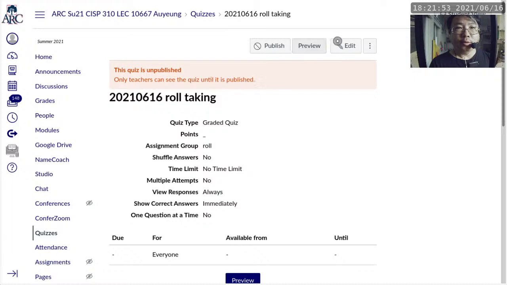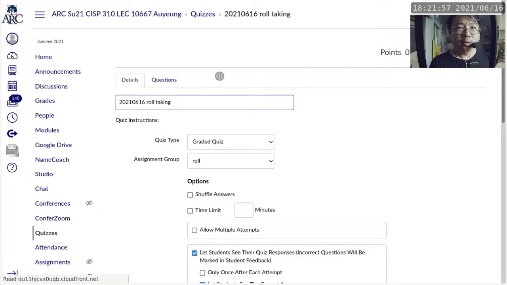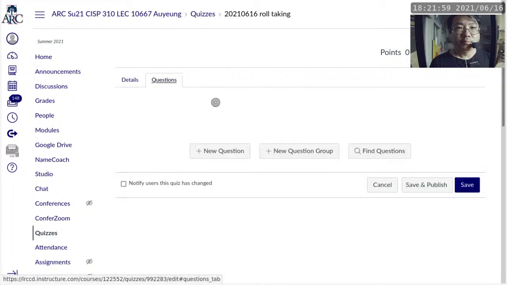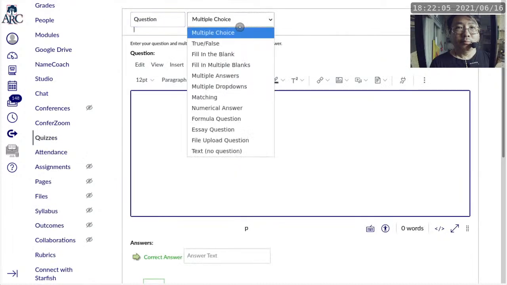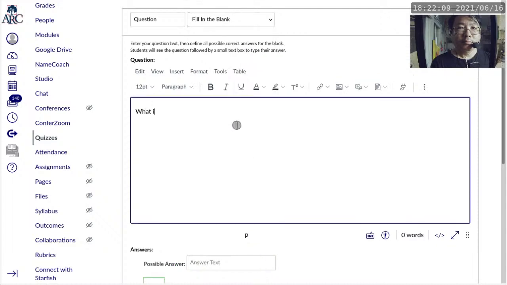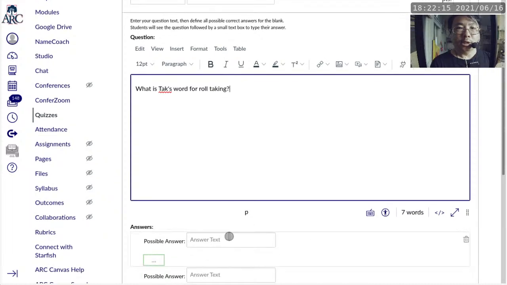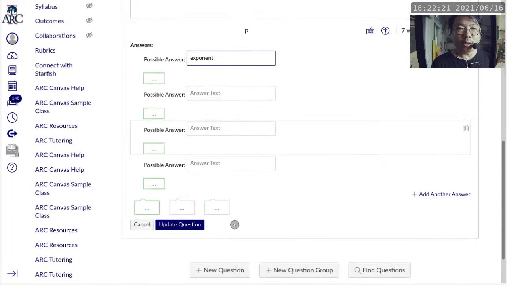So I'm going to specify the question first. The word is going to be exponent. And the word is exponent, E-X-P-O-N-E-N-T, all lowercase.